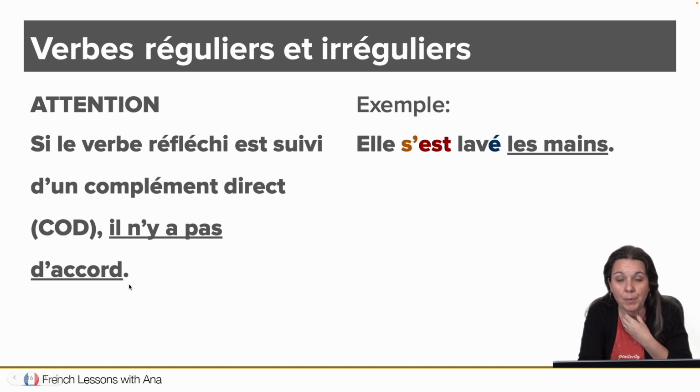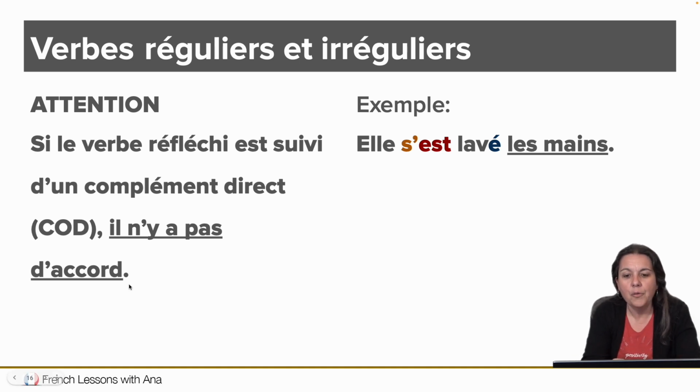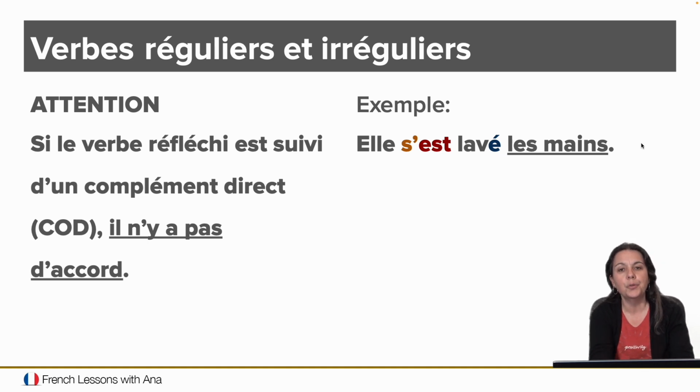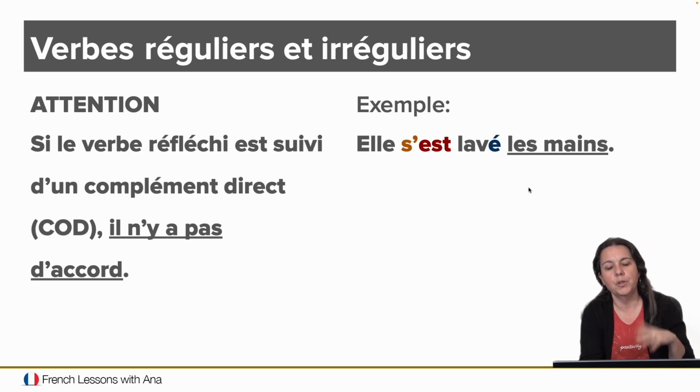There is no agreement. What does that mean? If immediately after the verb, there's no preposition, but there is an object, a direct object, which normally refers to body parts. Most of the time, it refers to body parts. Le visage, les mains, le corps, les cheveux, whatever the case may be, right?